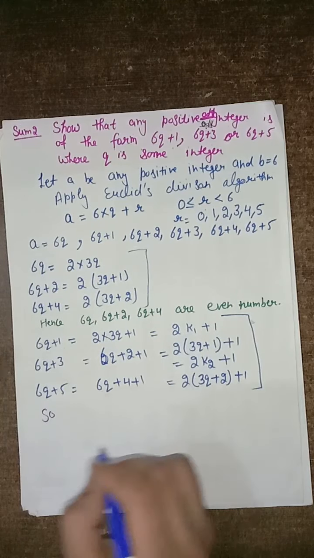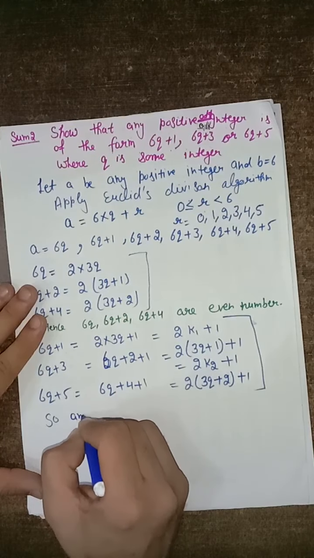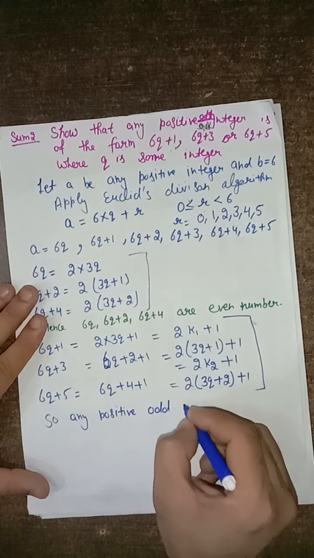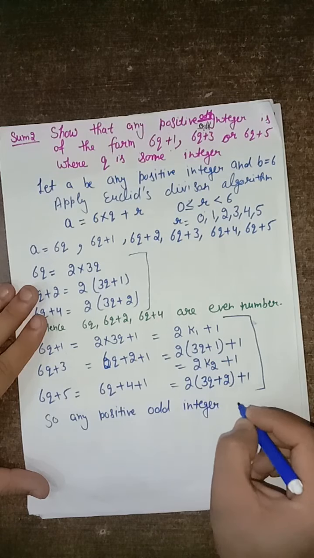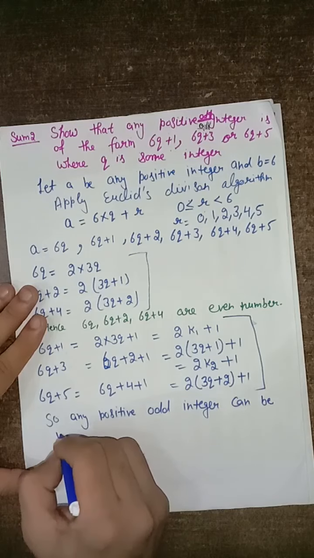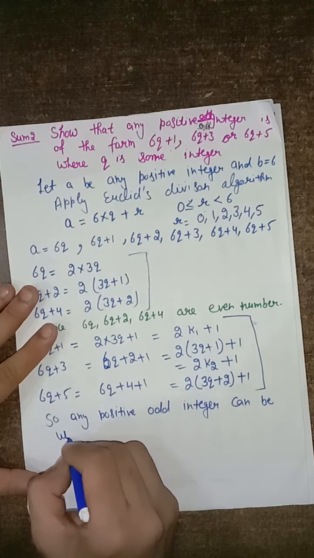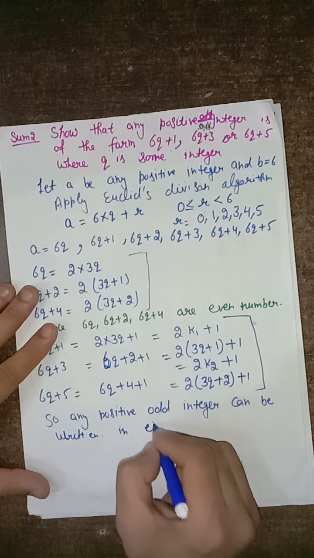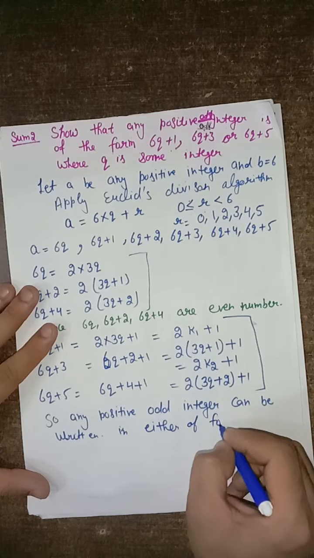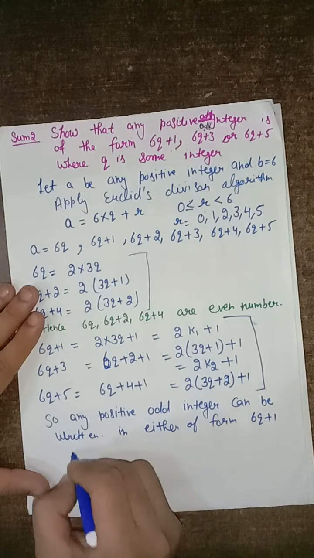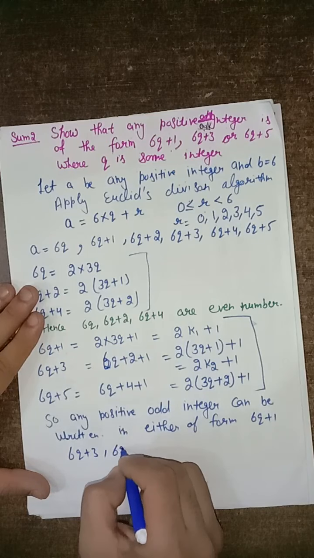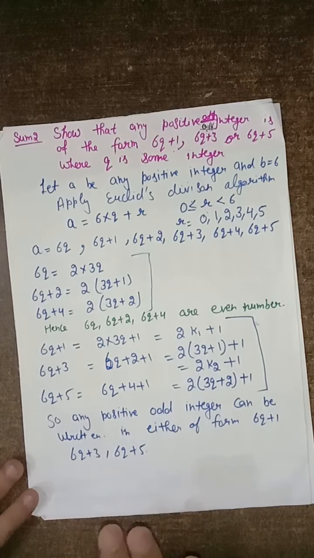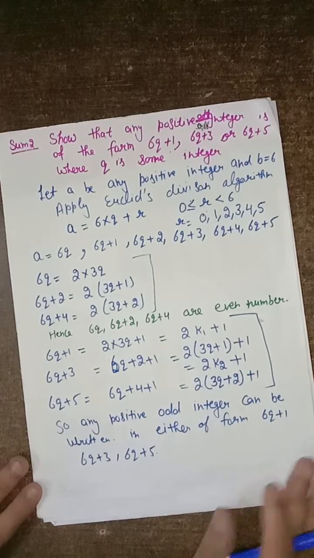So any positive odd integer can be written in either of the forms 6q plus 1, 6q plus 3 and 6q plus 5, where q is any integer.